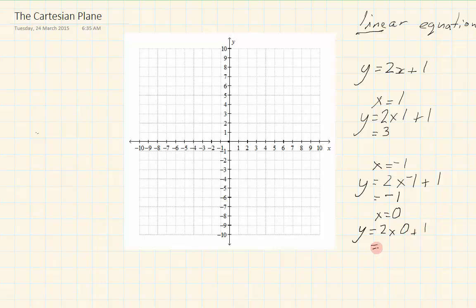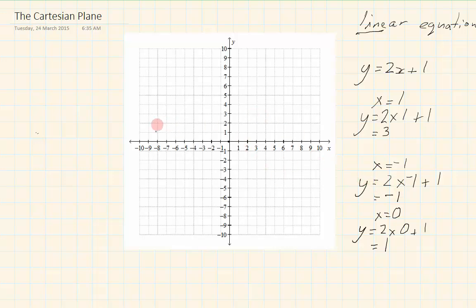Okay, so y is going to be 1. Okay, now we have 3 values. Now, generally we put these values into a table.